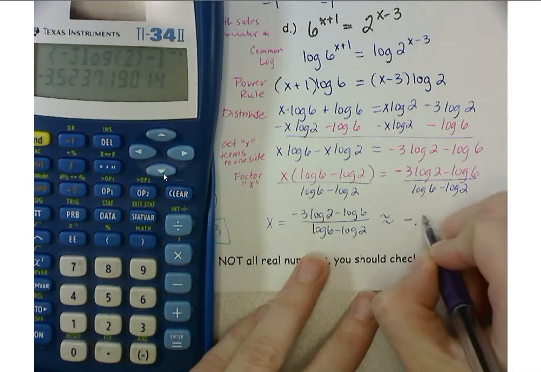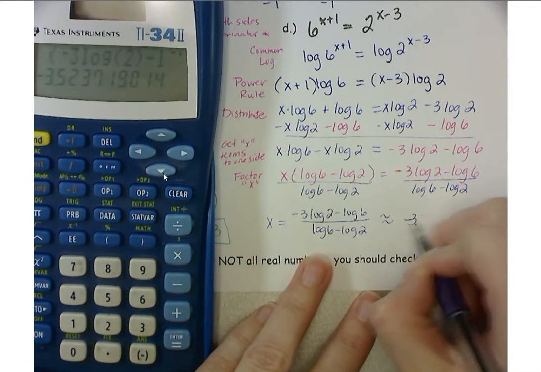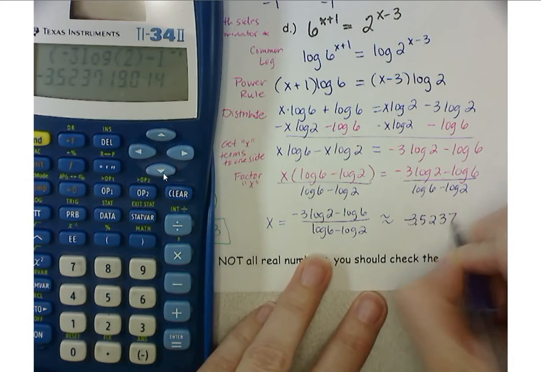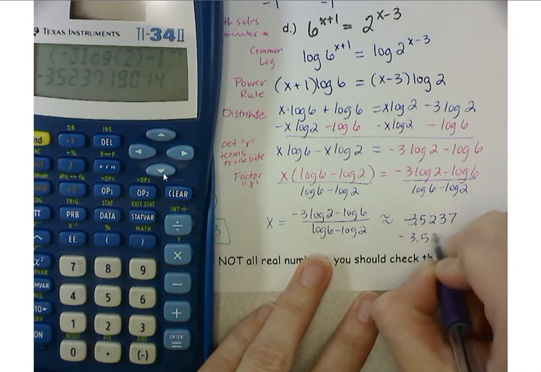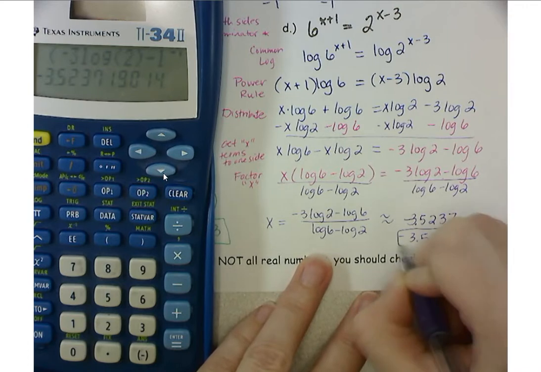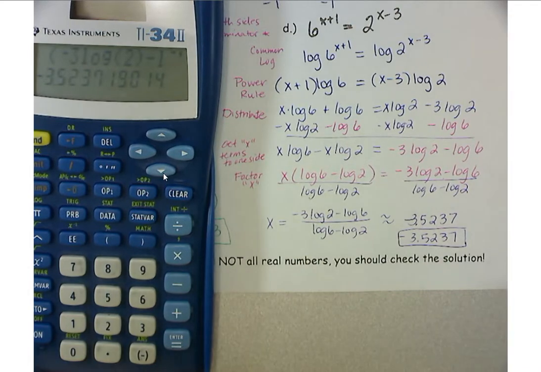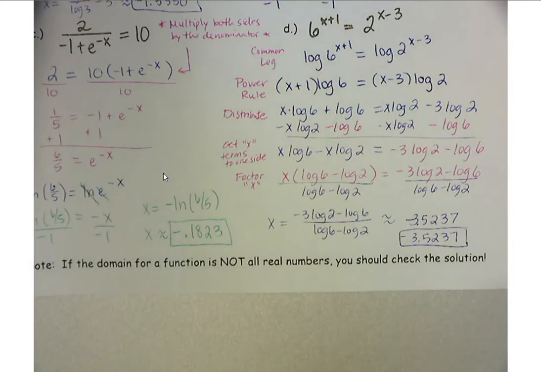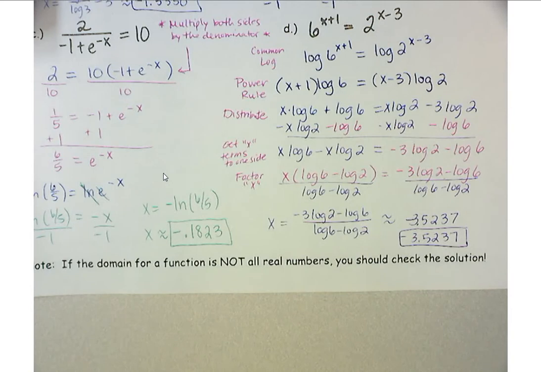So negative 3.5237. Good. Okay, and no one got it the other way too.